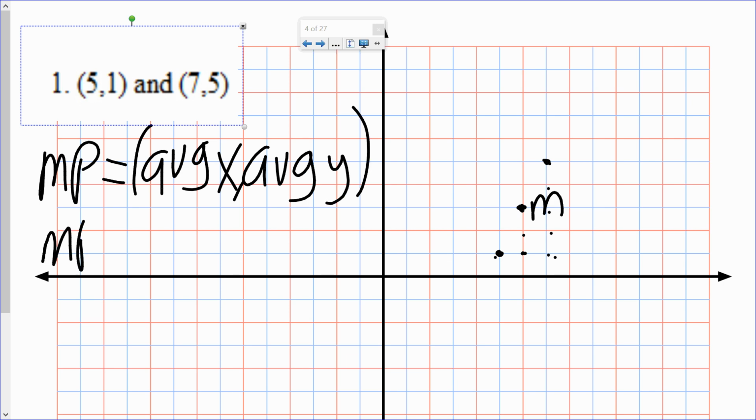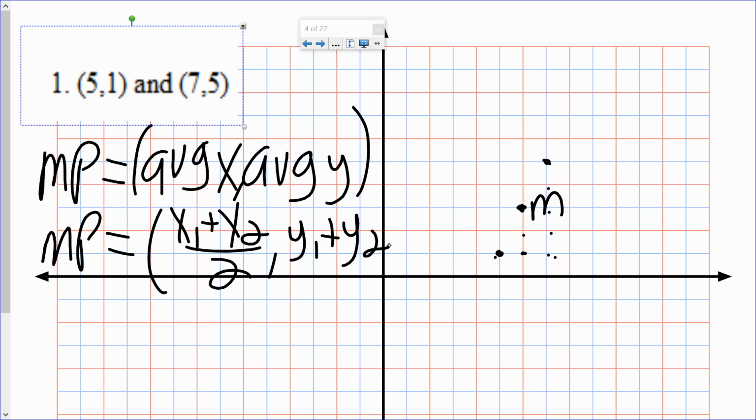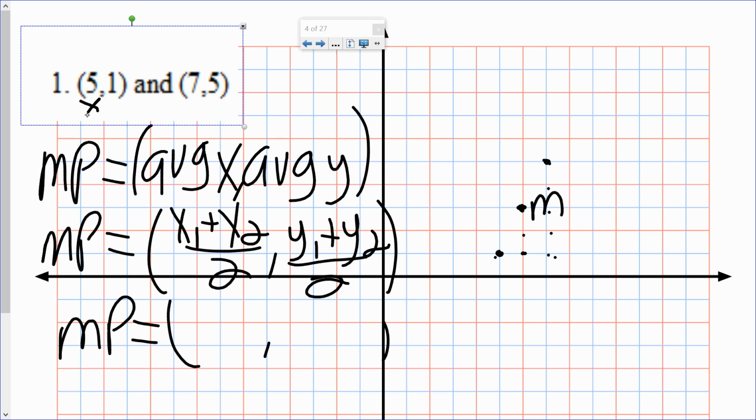So the average of the x values is x1 plus x2 over 2, and the y values is y1 plus y2 over 2. So in this example, the two x values are 5 and 7, and the two y values are 1 and 5.